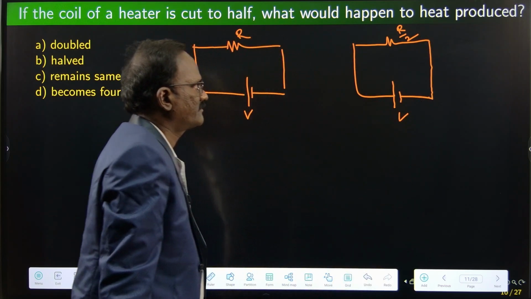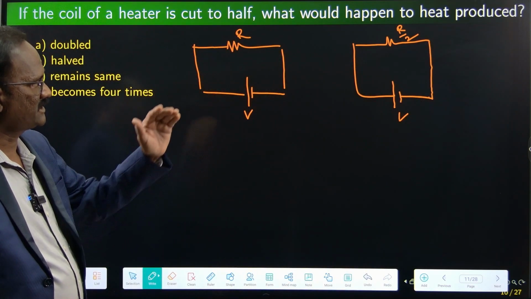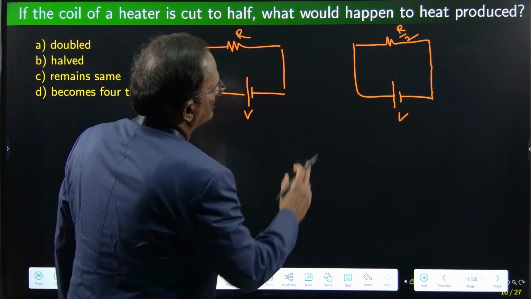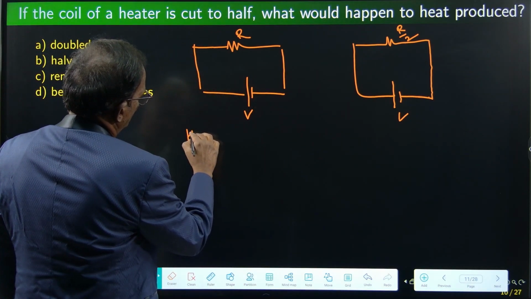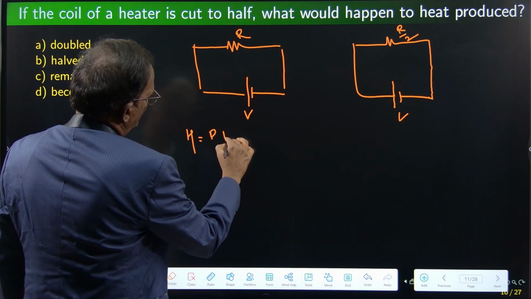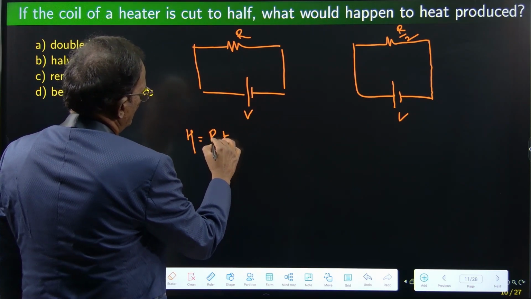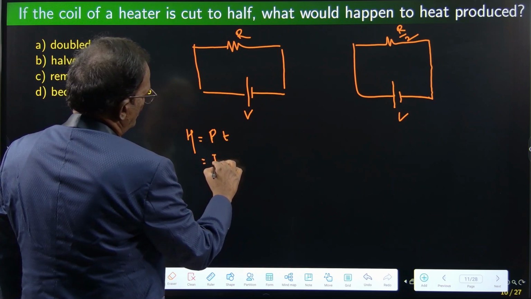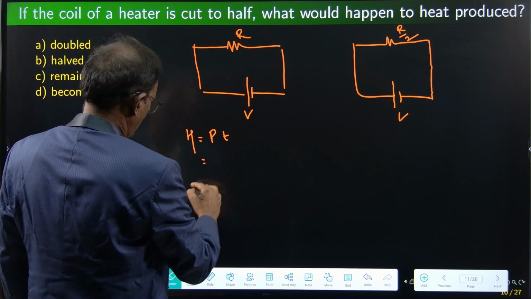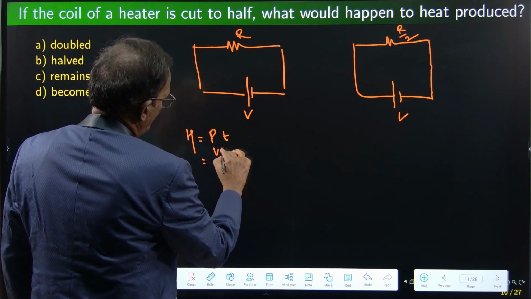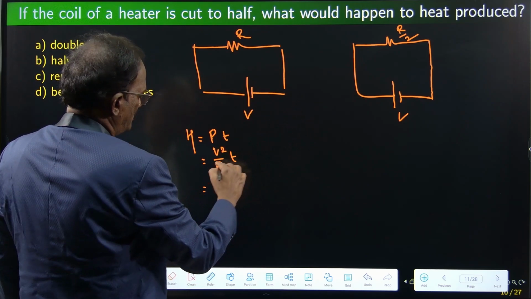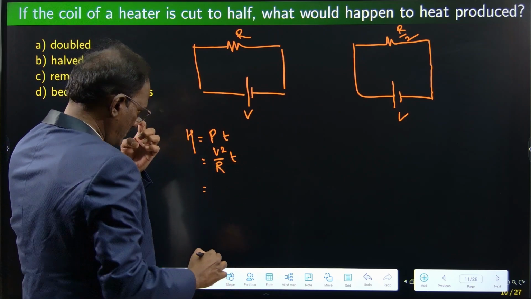Voltage is common. What would happen to heat? H is equal to power into time. Since voltage is common here, let me write power is equal to V square by R, into T. V is common, T is also common.